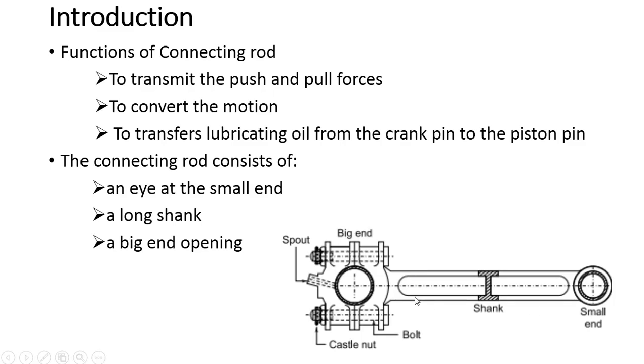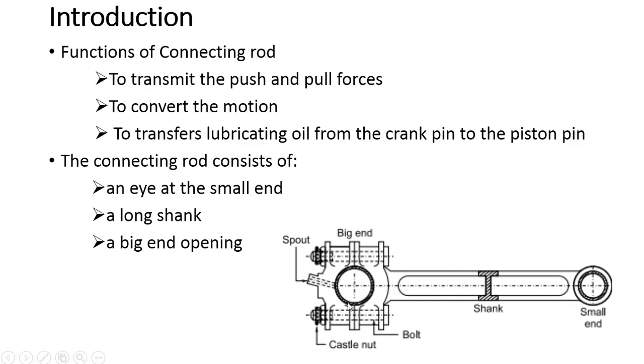Now, how and where does it connect? The connecting rod consists of mainly three parts. One is called the small end, which accommodates the piston pin, that means the piston end is attached to this small end. Then we have the shank part, and last we have the big end, which is split into two parts in order to accommodate the crank pin.